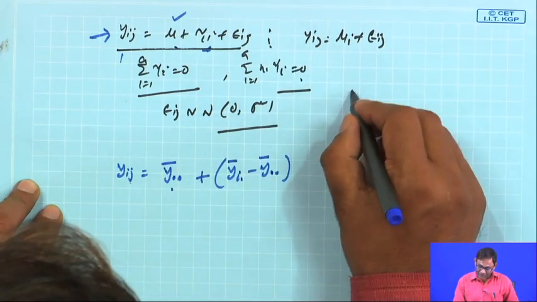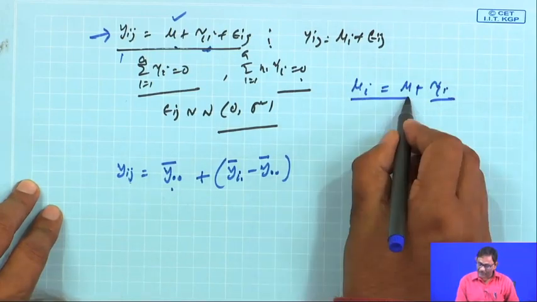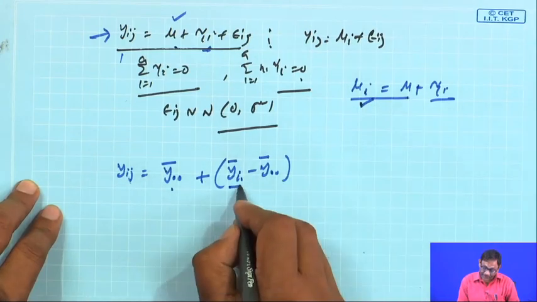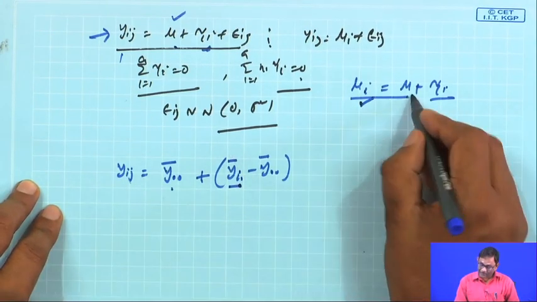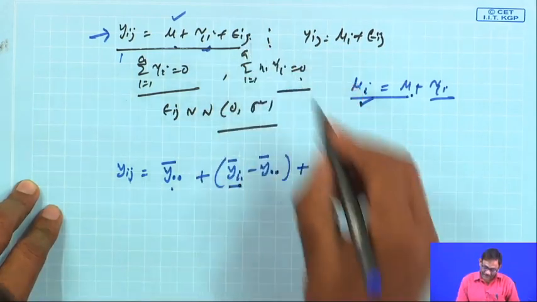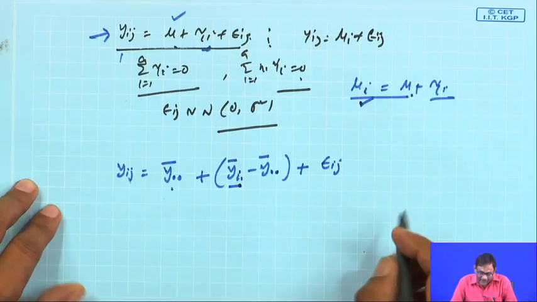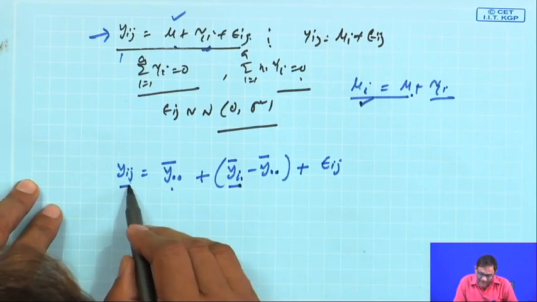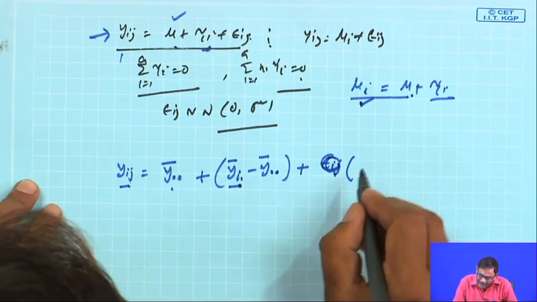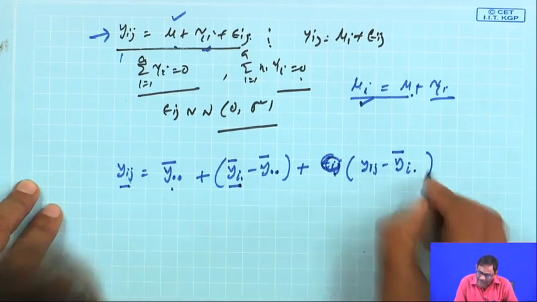Why? Because we know mu i equal to mu plus tau i, and tau i equals this. So, the estimate of mu i is y i dot bar, the estimate of mu is this, plus this epsilon i j. So, y i j, epsilon i j. Now, you may write epsilon i j as y i j minus y i dot bar.